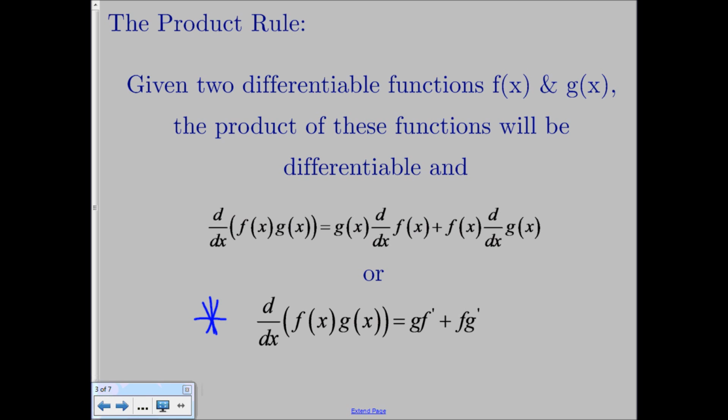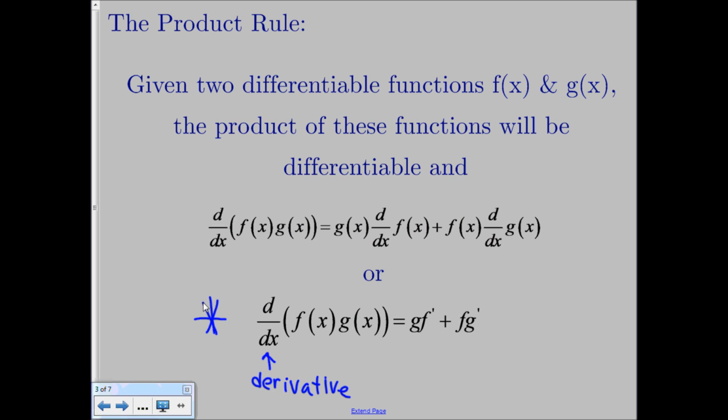So all the product rule says is, if you want to take the derivative, or d dx, which is what this symbol means, it's the derivative. Your professor is probably using that in class, or your teacher, whoever's teaching you this. Your book probably uses d dx's as well. So the derivative of f of x times g of x is just going to be g of x times the derivative of f of x, or f prime, plus f of x times g prime, or the derivative of g.